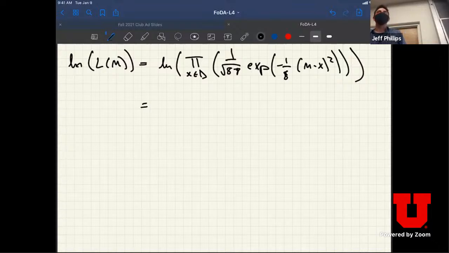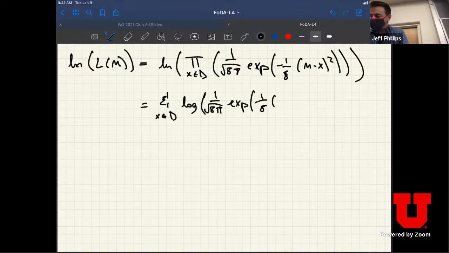What can we do when we have a log of a product? We can turn this into a sum. I'm going to write this as the sum over x in D, and I'll do this in a couple of steps: the log of 1 over square root 8 pi times exp of negative 1/8 (m minus x) squared. The log got pushed inside, but I can do this again.